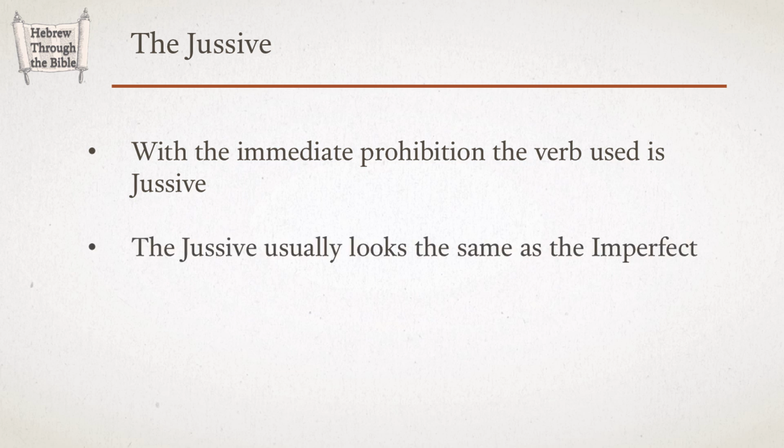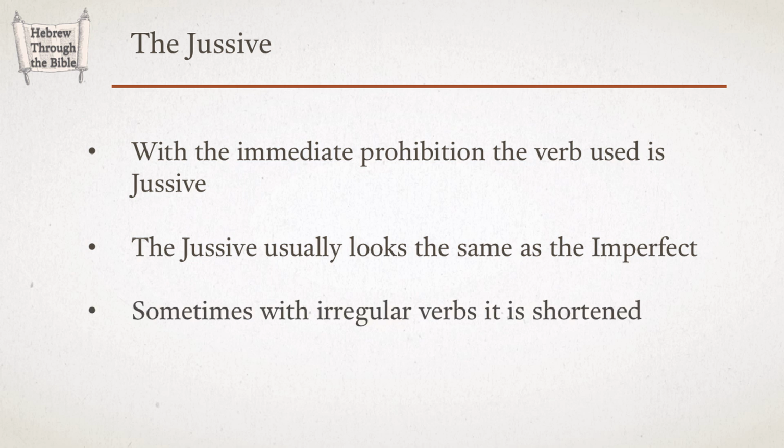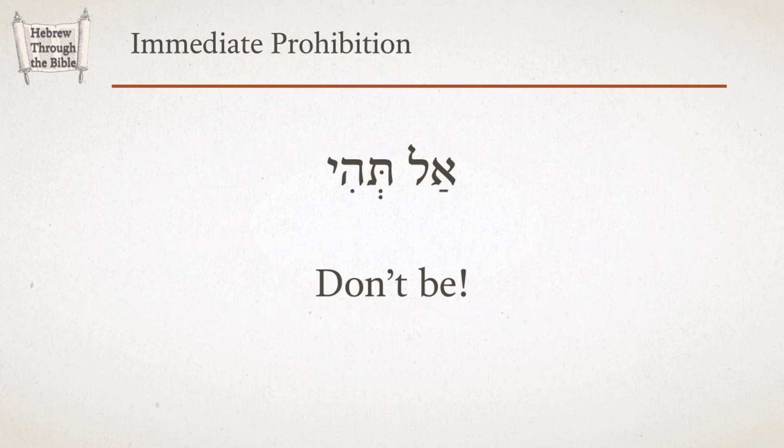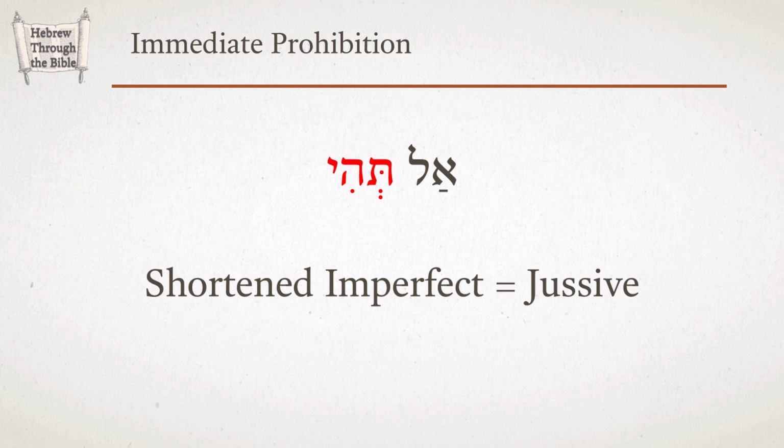For now it can be said that the jussive usually looks the same as the imperfect, but sometimes with irregular verbs it is shortened. Here, for example, is the immediate prohibition, don't be. The verb is from haya, the verb to be. The form of the verb here is a shortened imperfect. This is the jussive form.